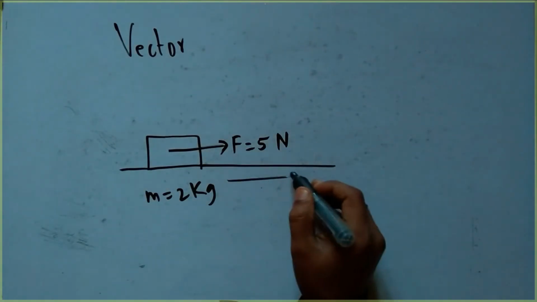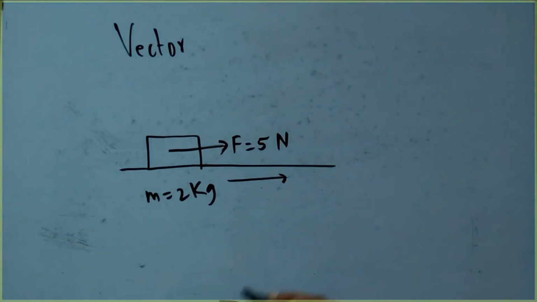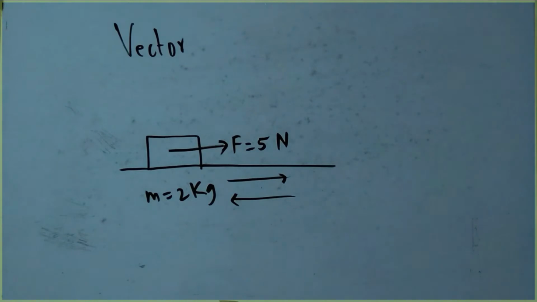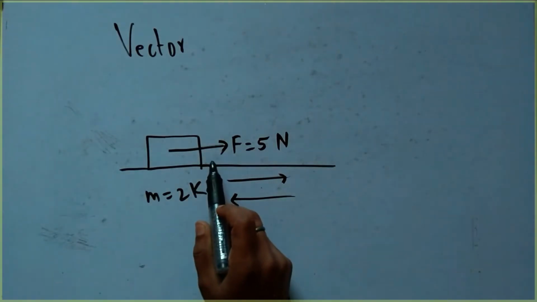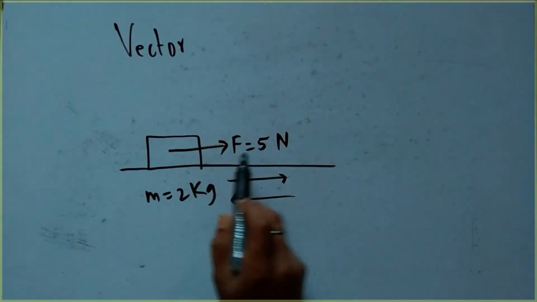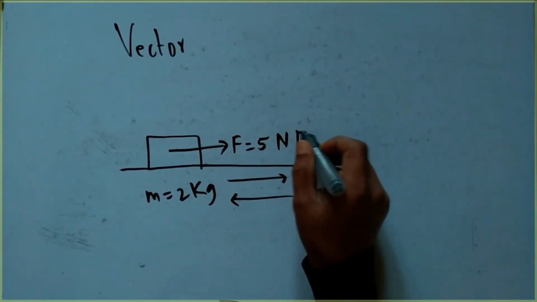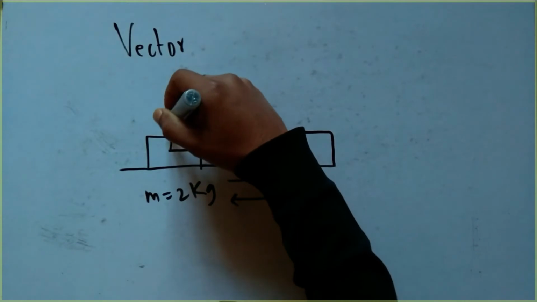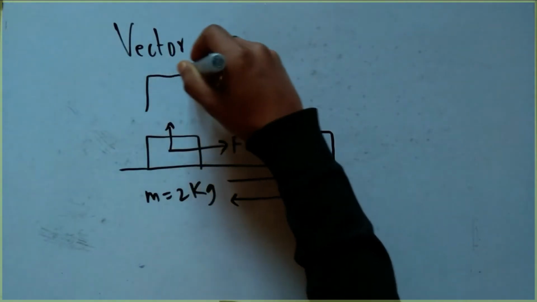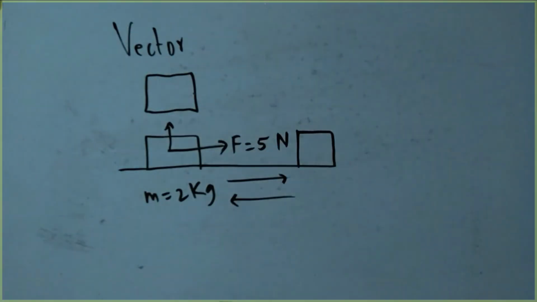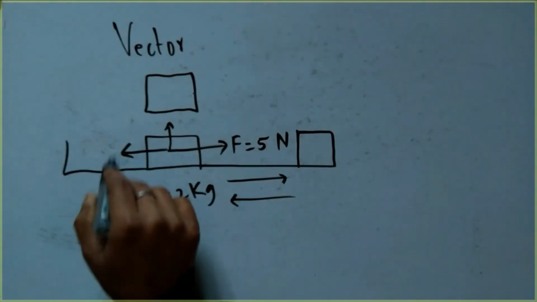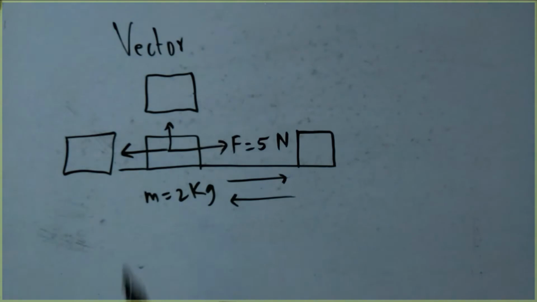If we consider this direction to be positive, then of course the opposite direction is negative. So here, if the force is applied in this direction, the block will move here. If the force was applied in this direction, the block would move here.